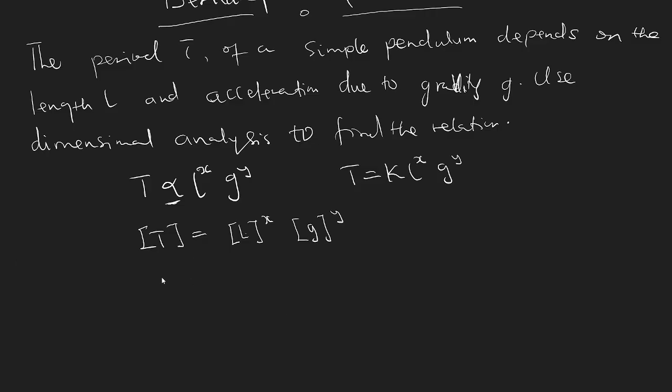What is the dimension of T? It is capital T. The dimension of L, which happens to be the length, we still have L exponent x. What about acceleration due to gravity? That is L T^-2, exponent y. Expanding this, we have L^y, T^-2y.